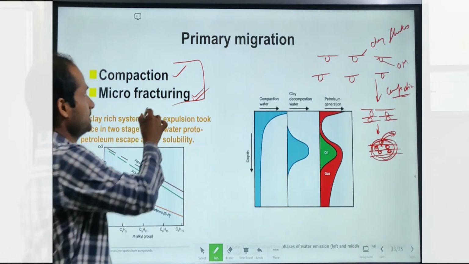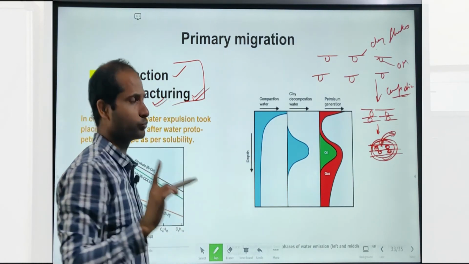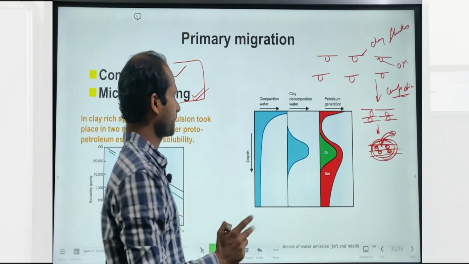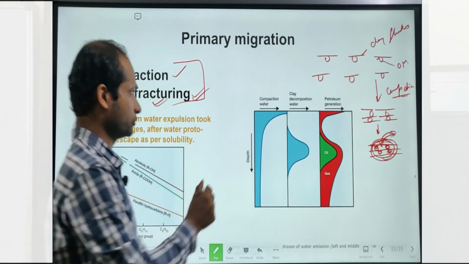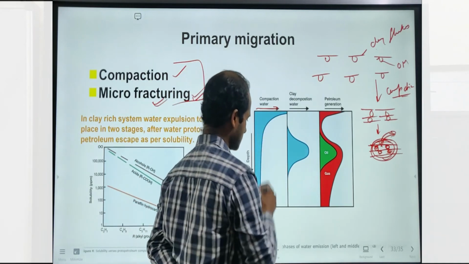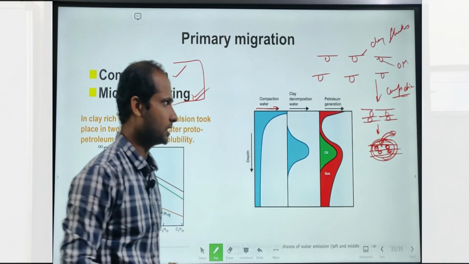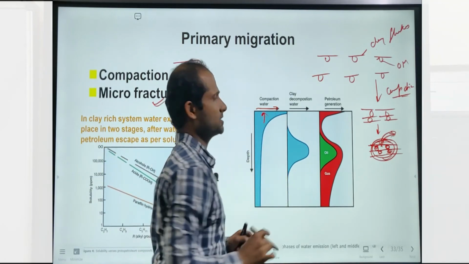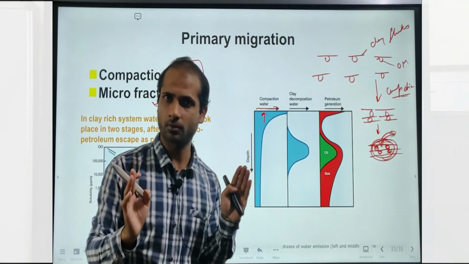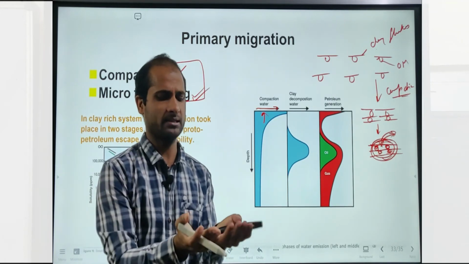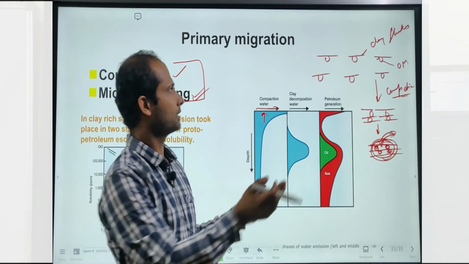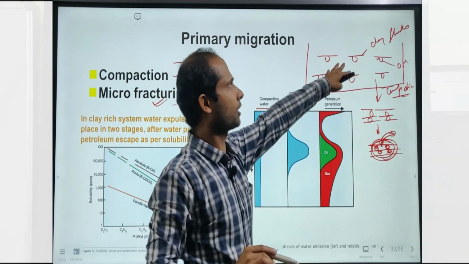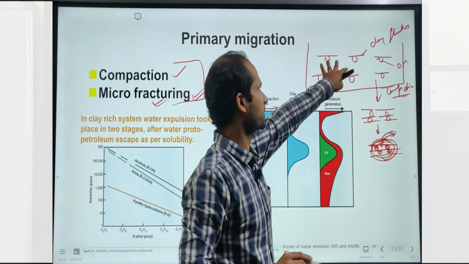During this primary migration the movement of water takes place in two stages. During initial compaction, this figure demonstrates that at the initial phase water escapes out. Suppose this is a sedimentary basin, so this is how the flakes are there and the organic molecules are there.